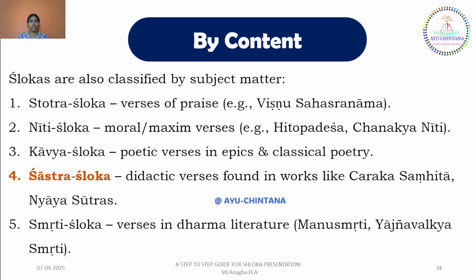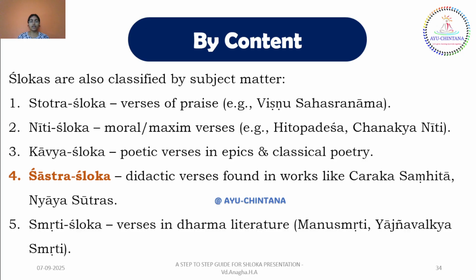Also, you can divide the shloka by content. Shlokas are also classified by the subject matter. So, for example, we can take 5 kinds of shlokas. Stotra shlokas: Kanakadhara stotra, Narasimha stotra, Vishnu Sahasranama, Lalita Sahasranama. Then comes Niti Shlokas, moral or maxim verses, from the Hitopadesha, Arthashastra, Chanakya Niti.